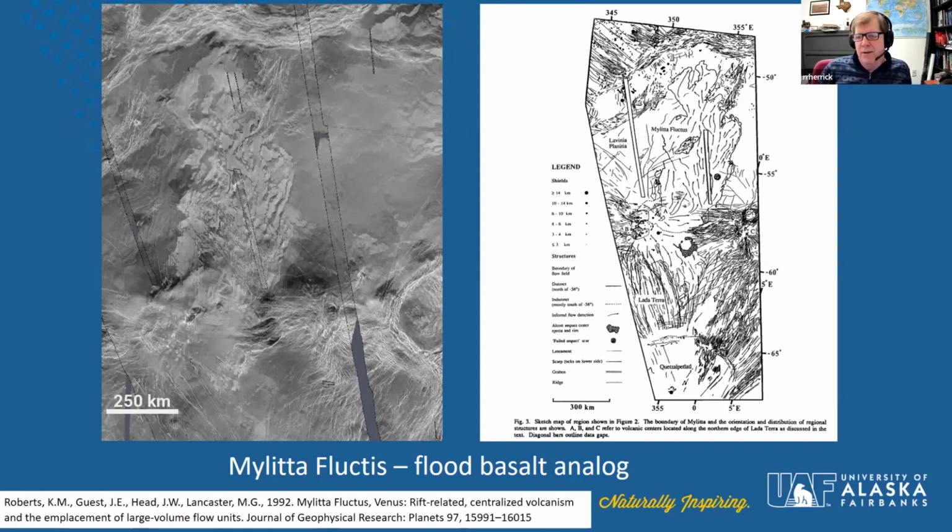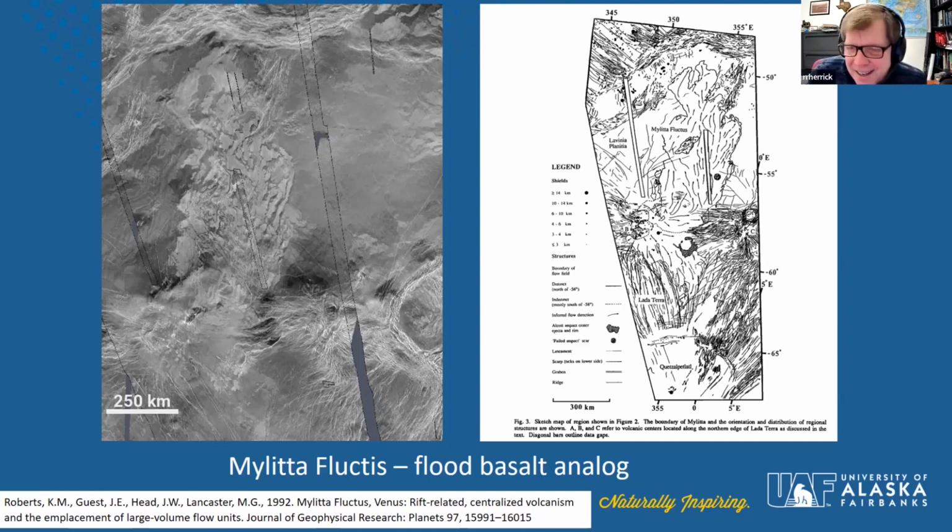There aren't a whole lot of these fluctus features that have been identified on the surface, but is that because they're not that common in forming the plains, or is it that Mylita Fluctus is unusual in the sense that the individual flows vary so much in terms of their backscatter properties?